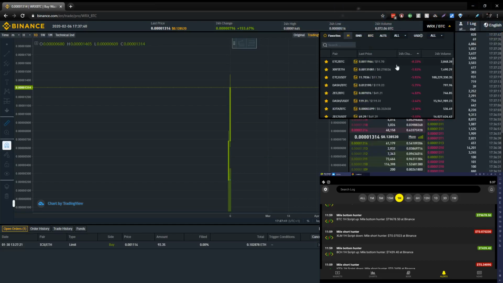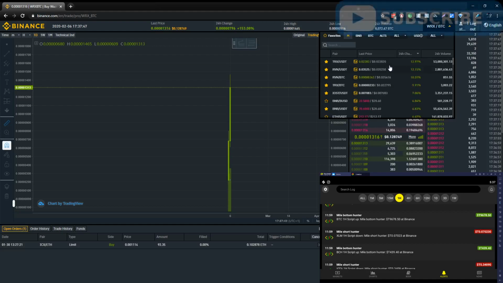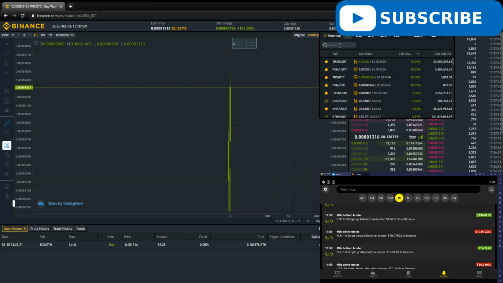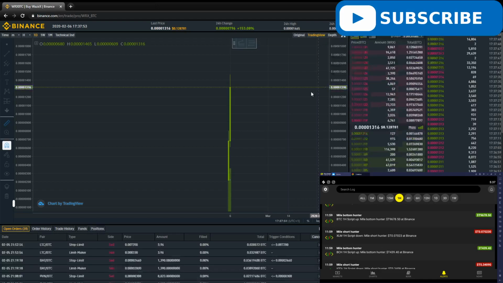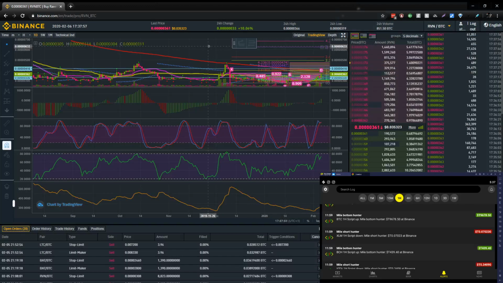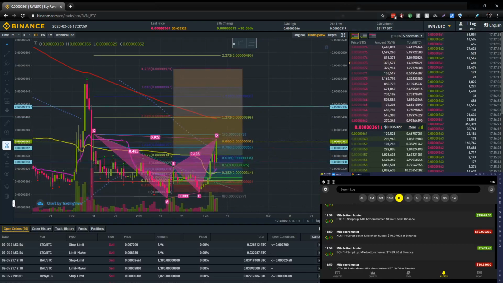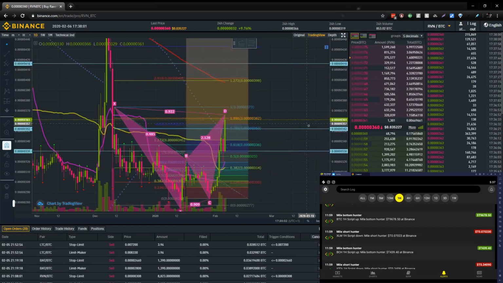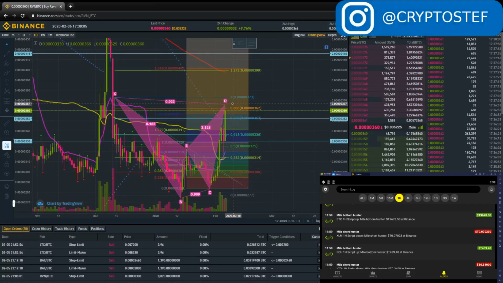I'm bullish on the crypto markets as a whole, and my current holdings, as I said, include Raven, which I'm selling at 373 Satoshi, and currently it's making some kind of bearish bet.